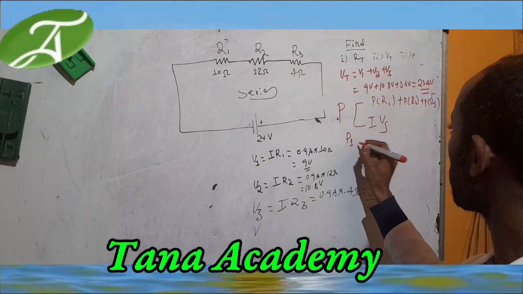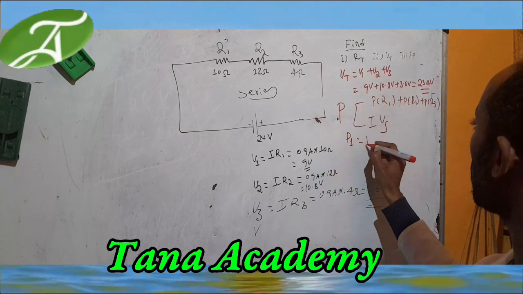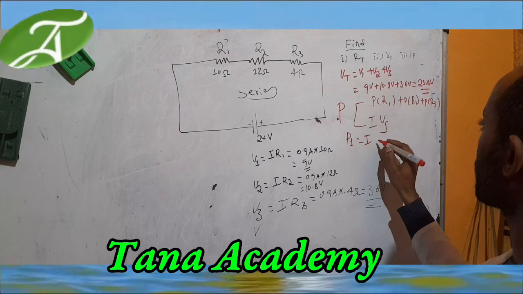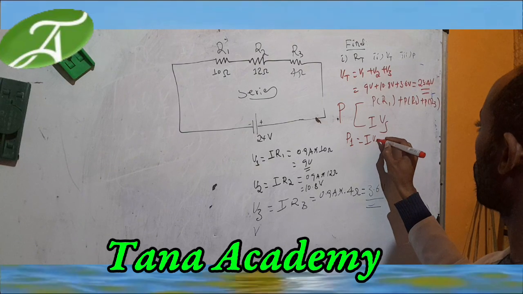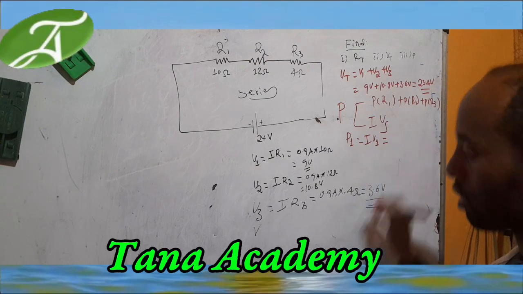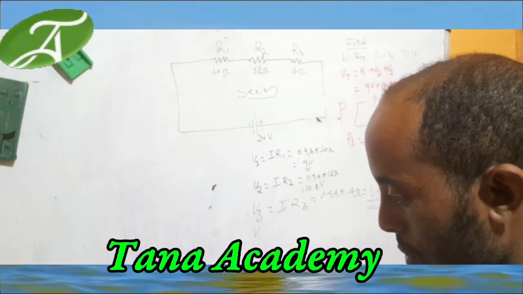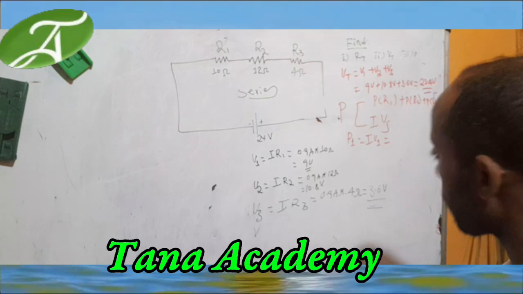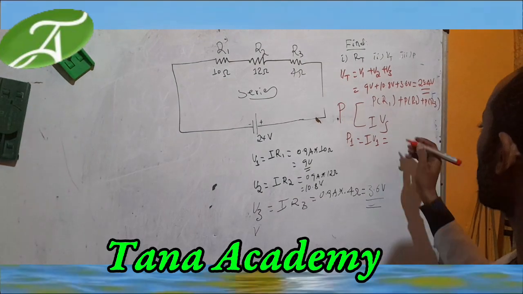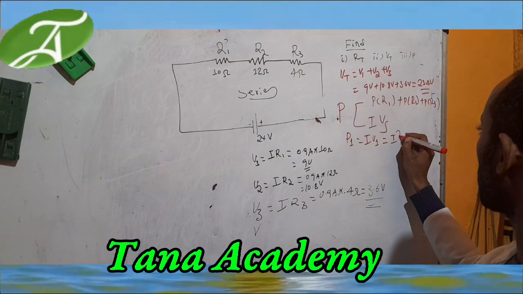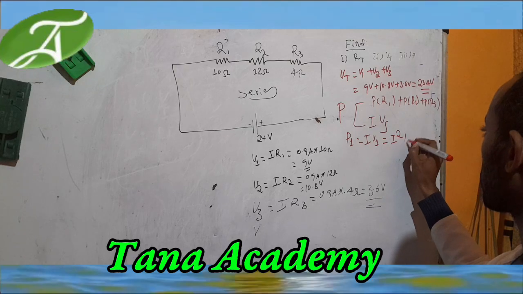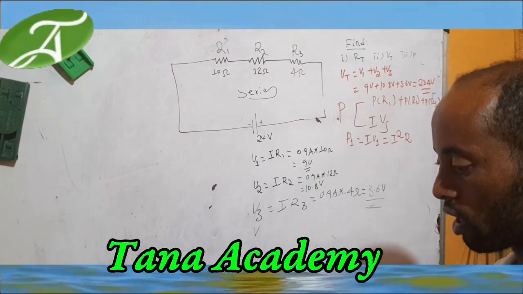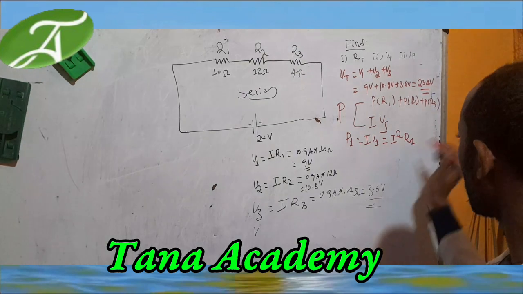But P1, power 1 at R1, is equal to I times V1, which is equal to I squared R, I squared R1.